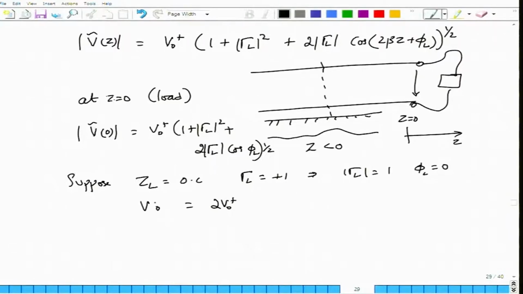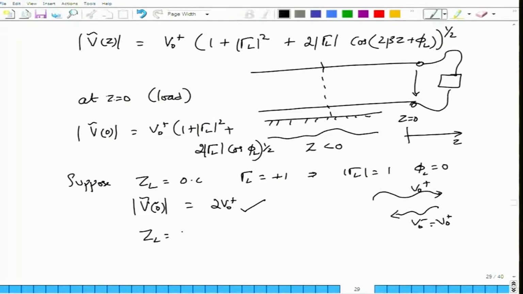Okay. So, the magnitude of the voltage at the load will be 2V0 plus, which is what we know, because the entire voltage that is launched will be reflected. So, V0 minus will be exactly equal to V0 plus, and at the load point they will add together and give you a magnitude of 2V0 plus.